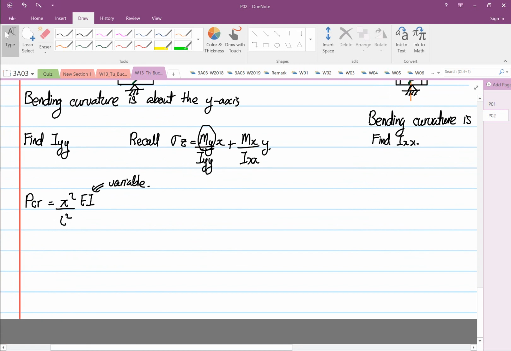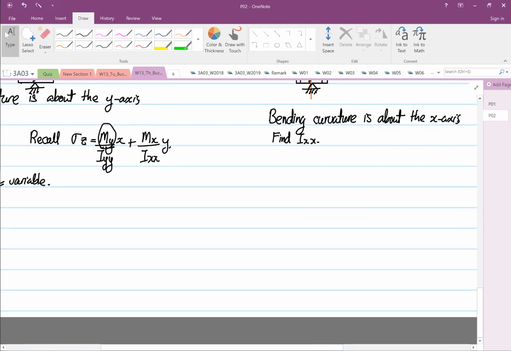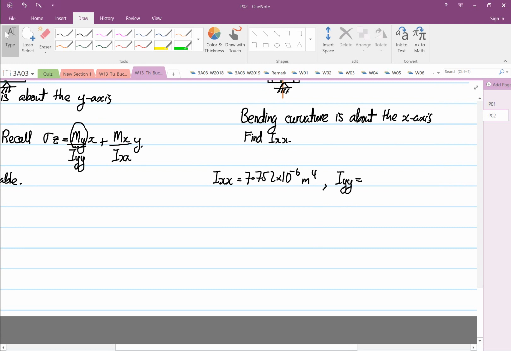From calculation, which I'm not going to show, we find that Ixx is equal to 7.752 times 10 to the power minus 6 meter 4. And we also found that Iyy is equal to 0.819 times 10 to the power minus 6 meter 4.